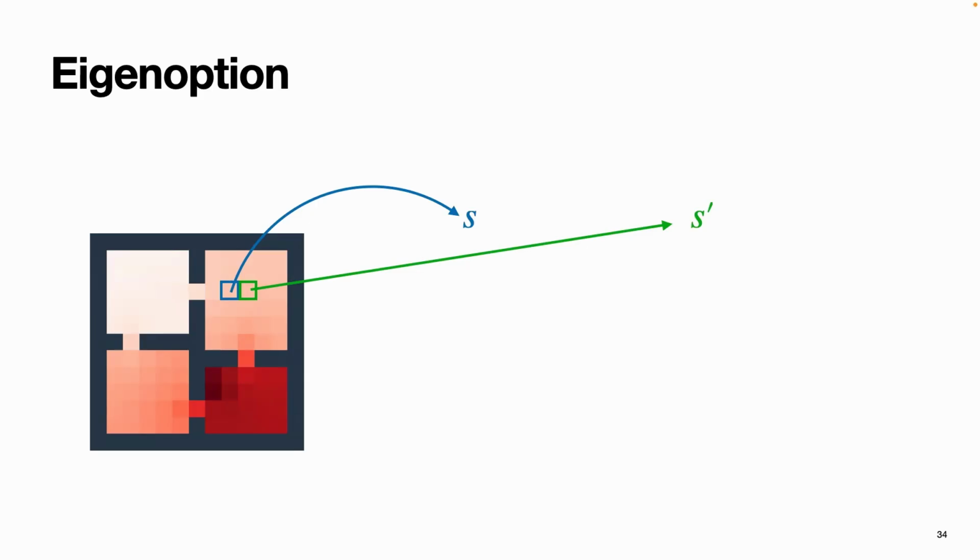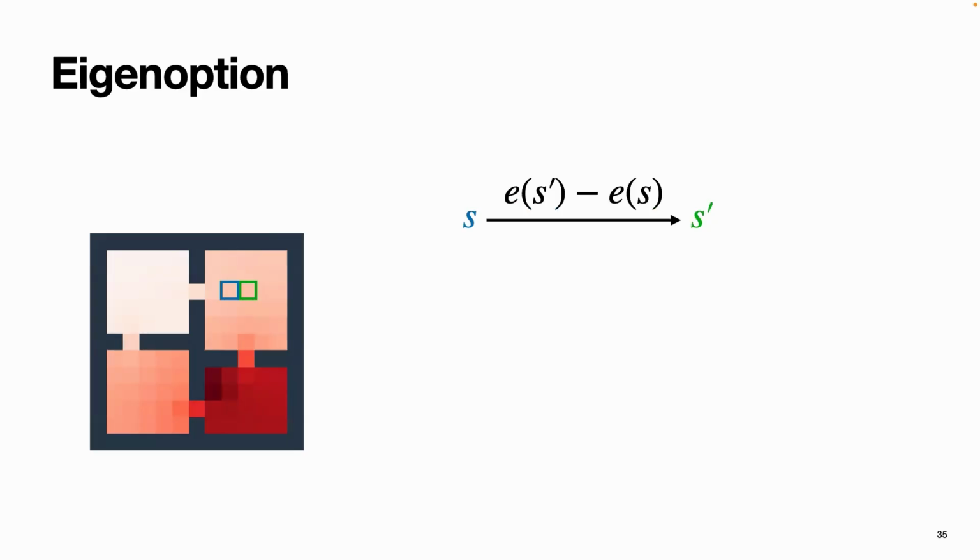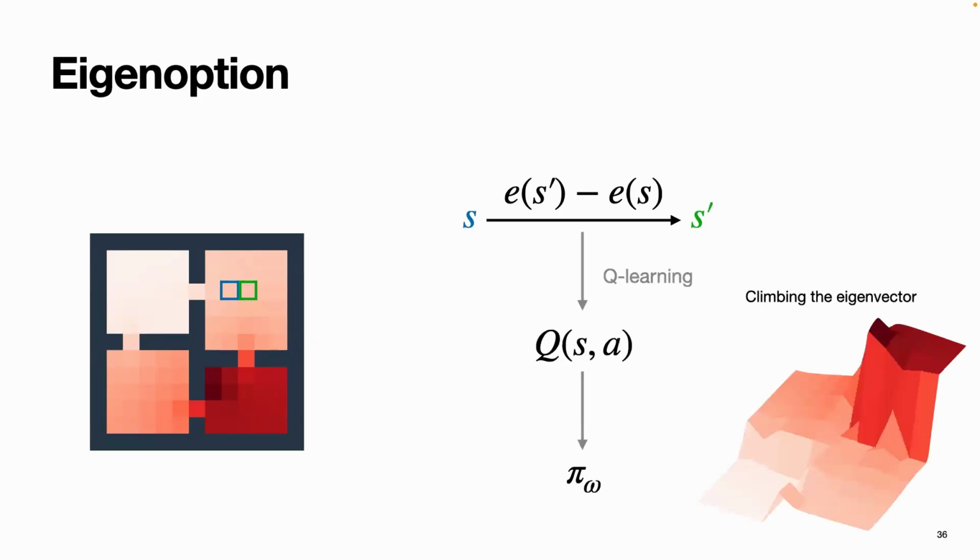So suppose the agent is transitioning from S to S prime. The eigenvector can be used to compute this term, which is the difference between the eigenvector entry of S prime and the eigenvector entry of S. If we treat this as our reward signal, we can use algorithms such as Q-learning to maximize this reward signal, and that would give us a policy, and we call that the option policy.